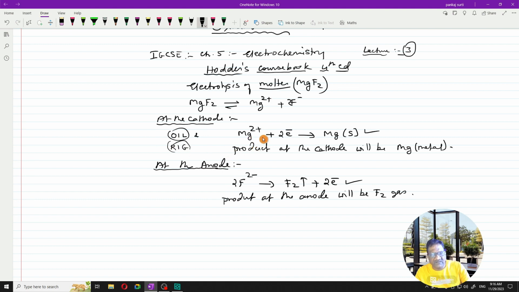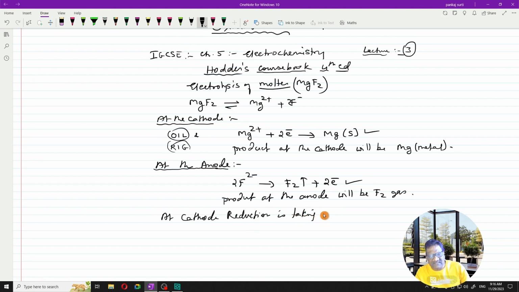Now here at the cathode, this magnesium ion, Mg2+, is taking two electrons. It is accepting two electrons to get converted to magnesium solid, magnesium metal. So here gain of electrons is taking place. Whenever there's gain of electrons, it is known as reduction. So at the cathode, reduction is taking place.